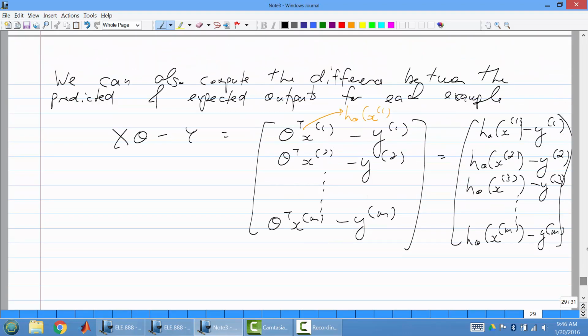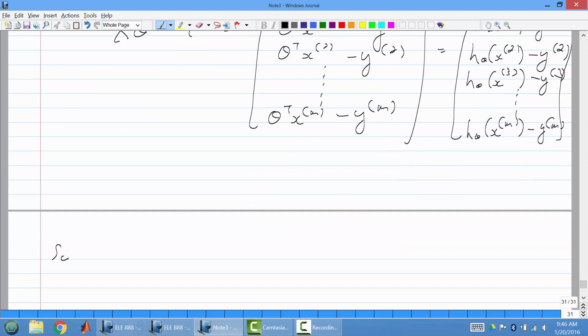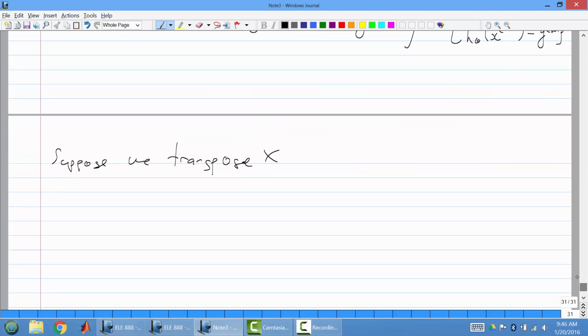So why is this useful? Well, I'm building up to that point. So suppose we transpose X. If we decided to transpose X, all the rows become columns and all the columns become rows.